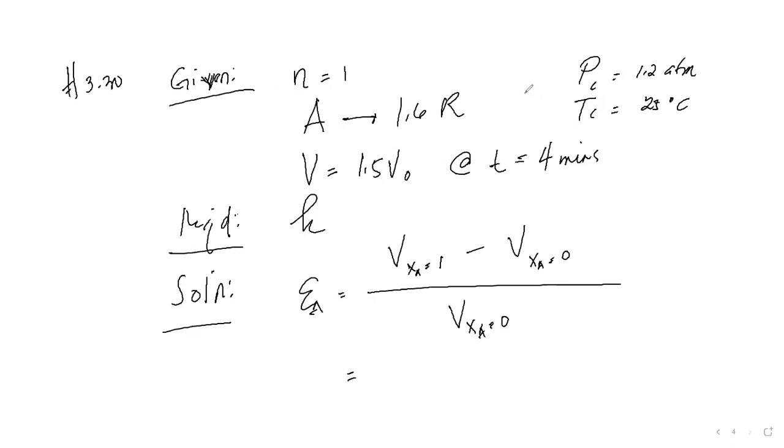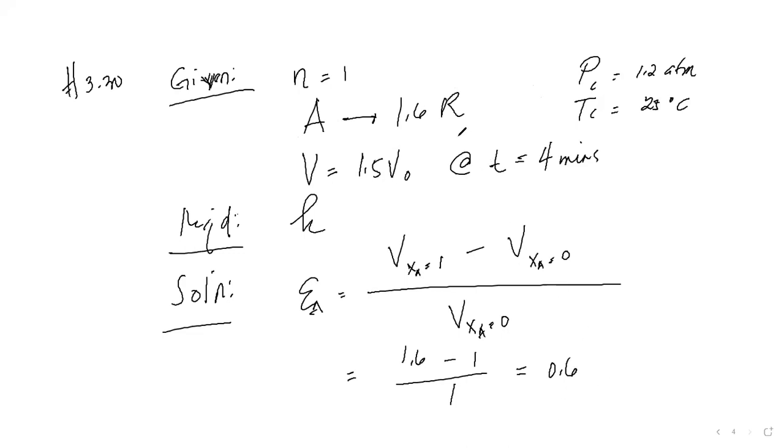What do you mean, miss? Directly use the coefficient of the product for volume at 100% conversion and directly use the coefficient of the reactant, minus 1 over 1. So in your case here, you will have an epsilon A equal to 0.6.